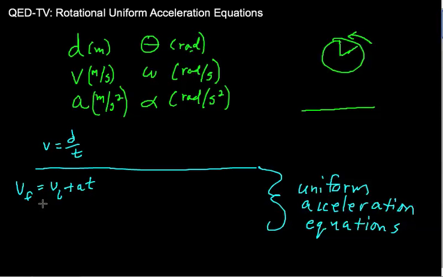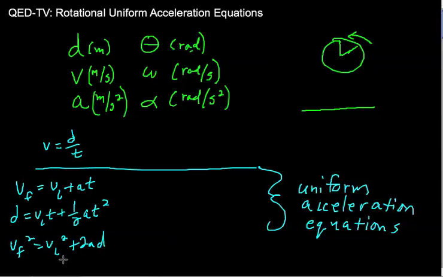This is the one that did not have displacement in it. We had displacement equals VIT plus 1/2 AT squared. You'll notice this is the one that did not have a final velocity in it. And then we had VF squared equals VI squared plus 2AD. And of course, this is the equation that did not have time in it.